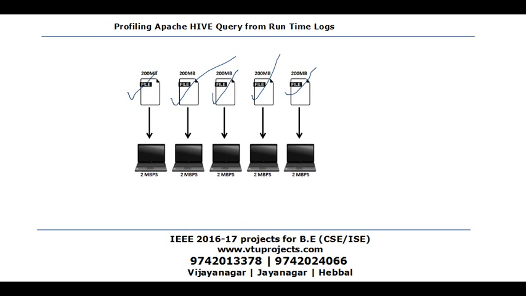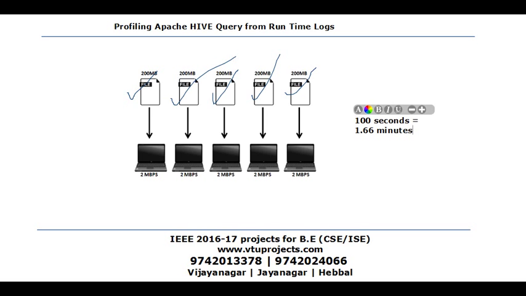The time taken in this scenario will be 200 divided by 2, which is just 100 seconds. If you convert this 100 seconds into minutes, it will be 1.66 minutes.